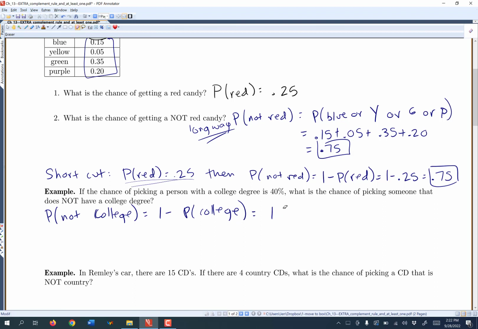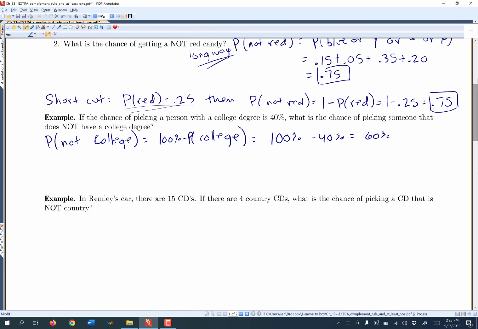Now you can do this different ways. So I said 1 minus, but we're dealing with percent, so instead of doing 1, we'll do 100% minus. So 100% minus the probability of college, or 100% minus 40% equals 60%. So if 40% have college degrees, 60% do not.